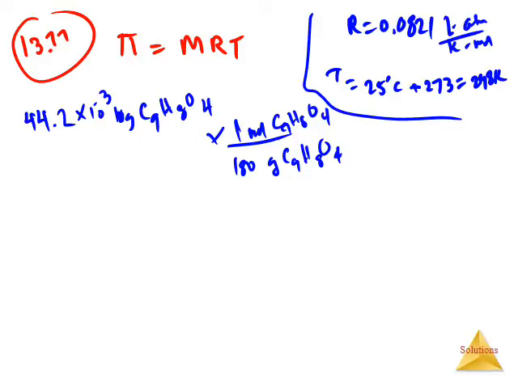So this gives me 2.46 times 10 to the negative 4 mole of C9H8O4. So we have that many moles.